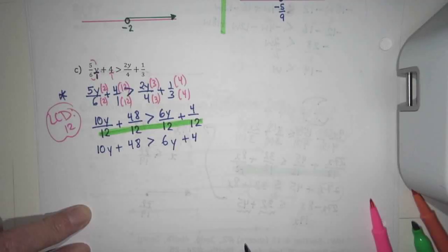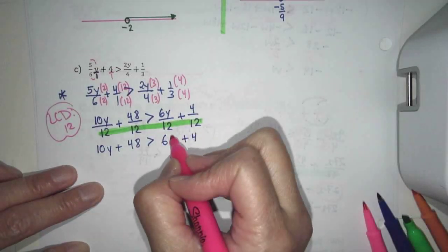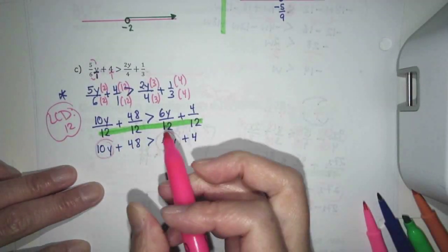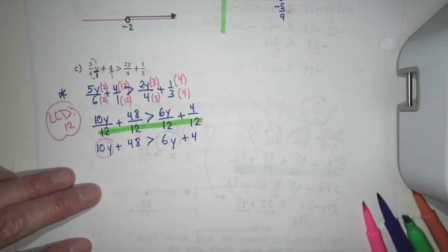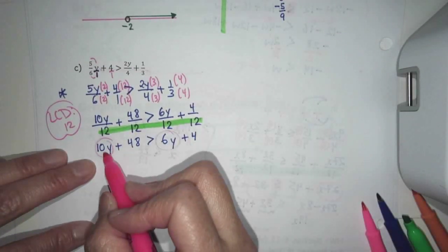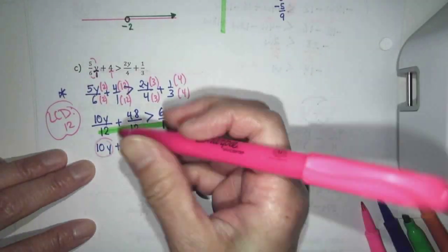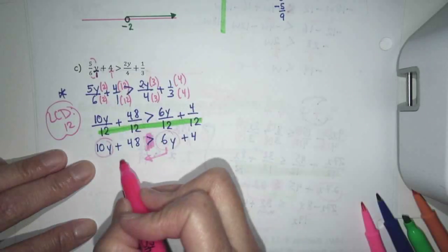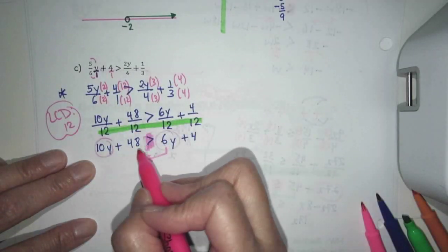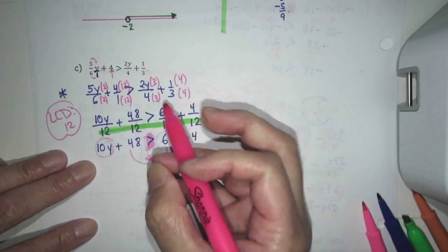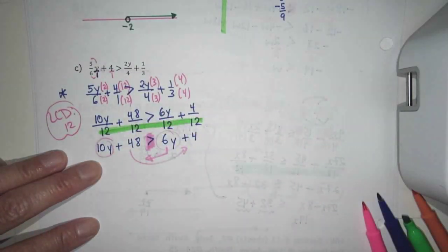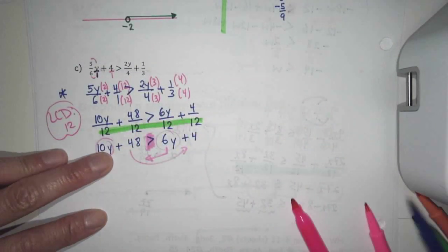Okay, one more time, we want to get all of the terms of the variable on one side, and then all the numbers with no variable on the other side. So I'm going to move this one here. It crosses the barrier, so it gets its arrow, it changes the sign. This one here will cross over as well, so that will also change sign.